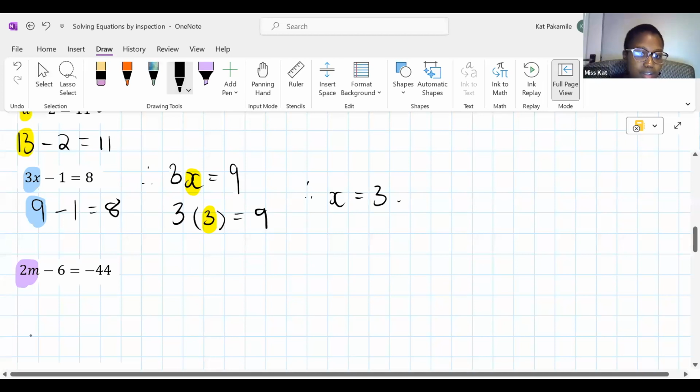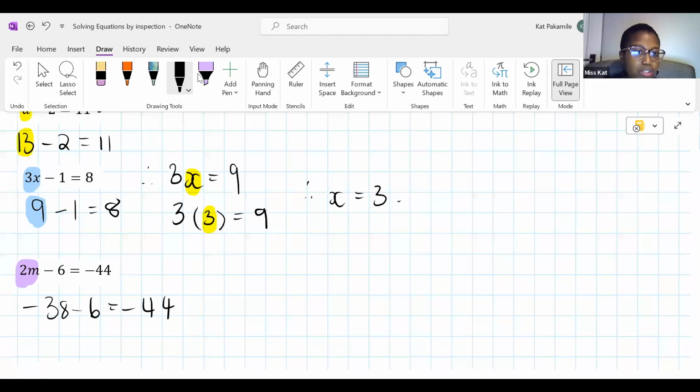Negative 38, because negative 38 minus 6 will give you negative 44. Okay, so therefore 2m has to equal negative 38. That was our step 1.